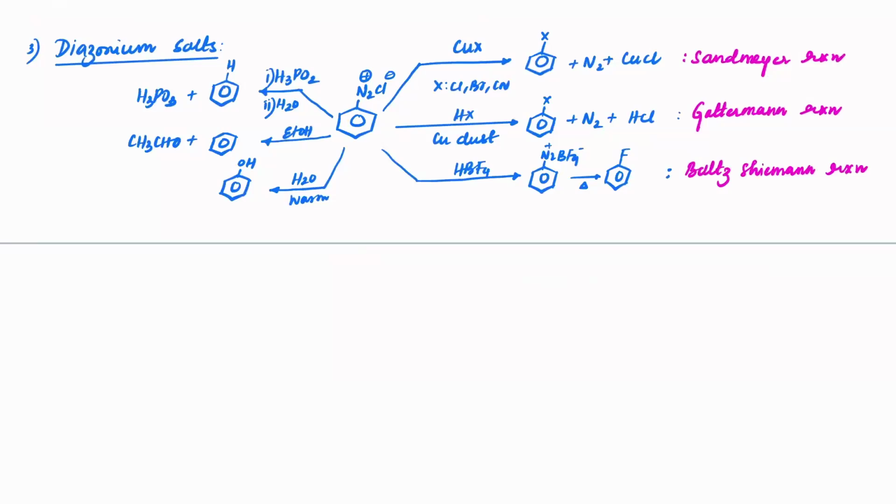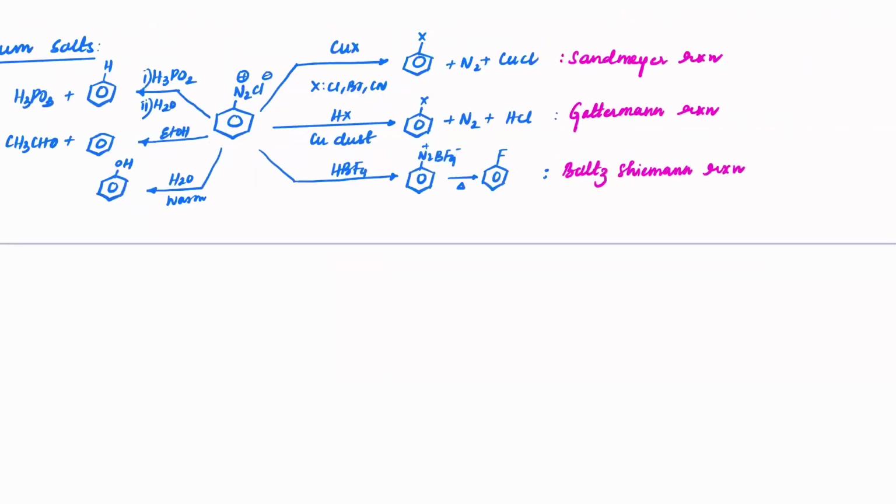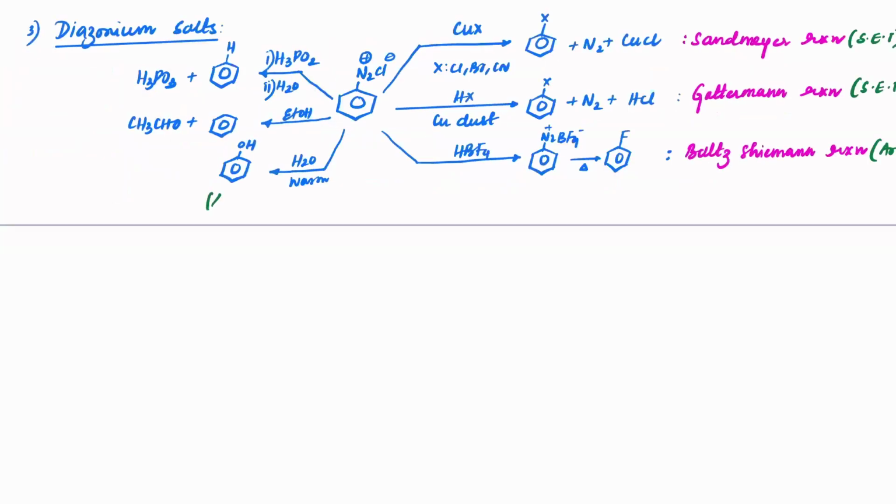Okay. Now, what is the type of mechanism that happens? Let me write that down here. The Sandmeyer reaction happens via the SET mechanism. Here it is ArSN1, while these two are also SET mechanisms.